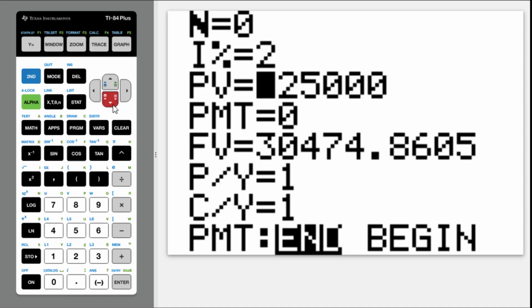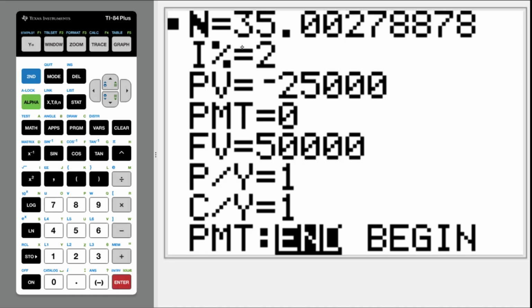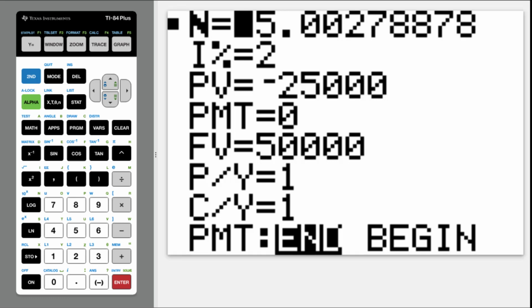Interest won't change, PV won't change, PMT is still 0. Then move the cursor to capital N, alpha, enter. So in 35.0028 years, the value will be doubled.